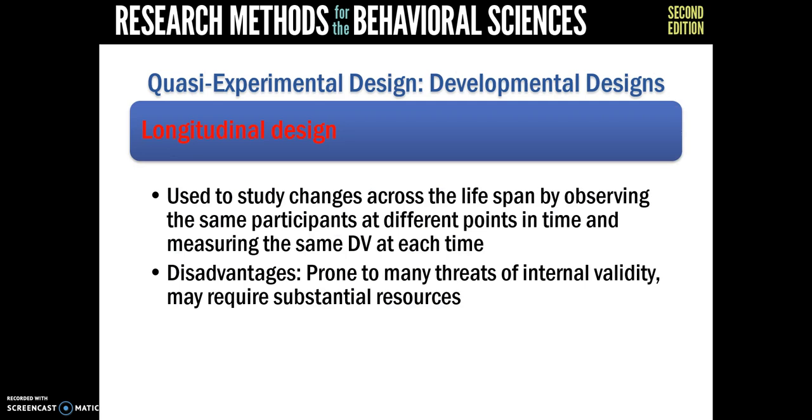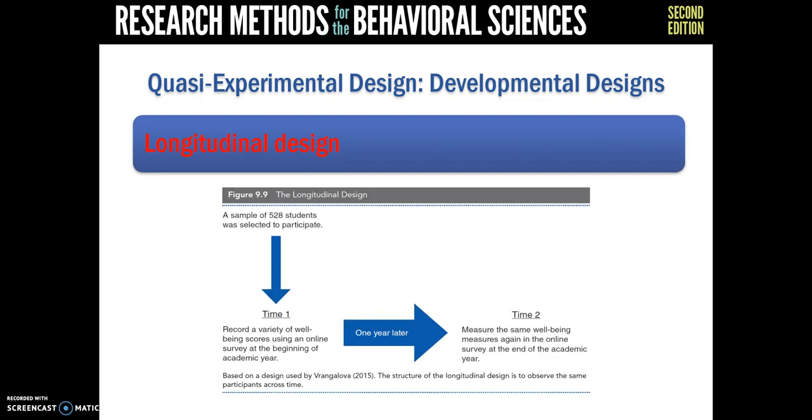The other type of design is called longitudinal design. This is done over a very long period of time. I'm talking about 5, 10, 15, 20 years, to see what's going on with the population, with the people throughout those years.